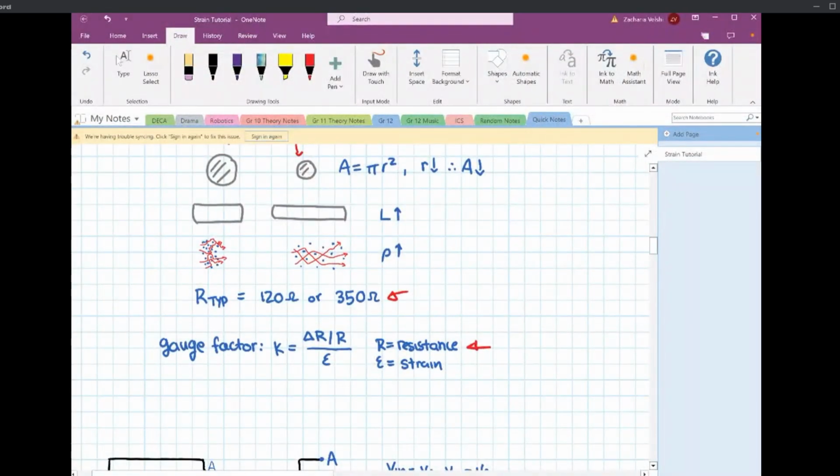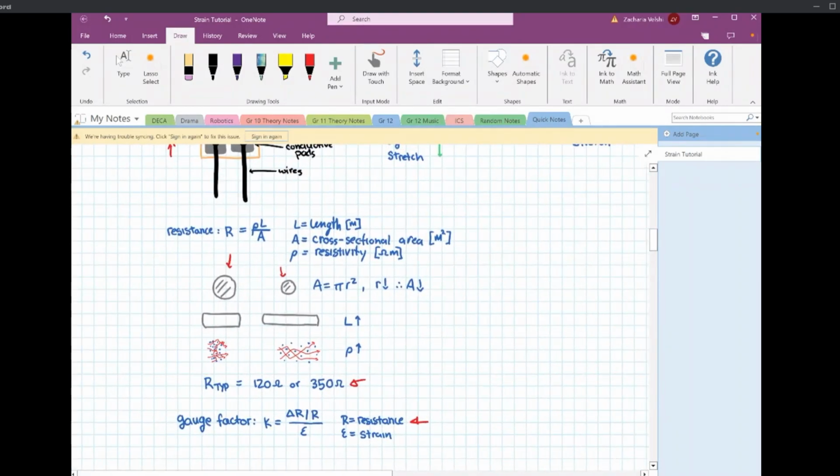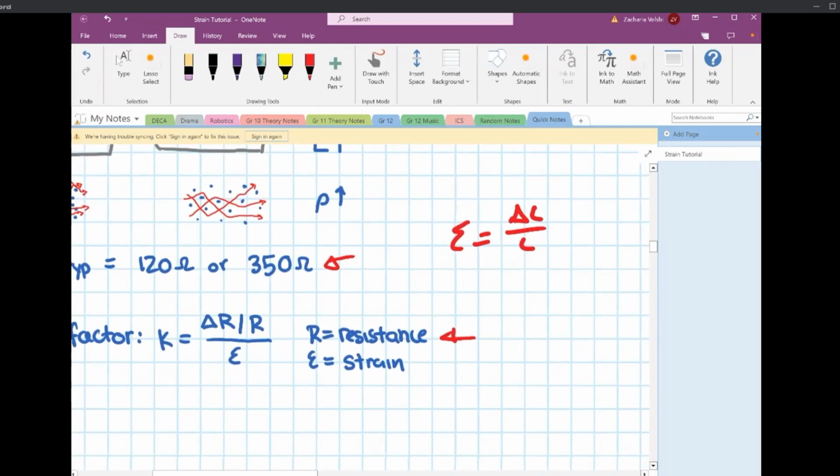The gauge factor relates the change in resistance to strain. So remember that the strain equation is this. This is basically resistive strain: how much the resistance is changing per unit of resistance, which is also a percentage.